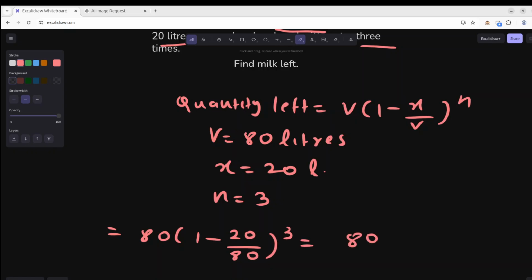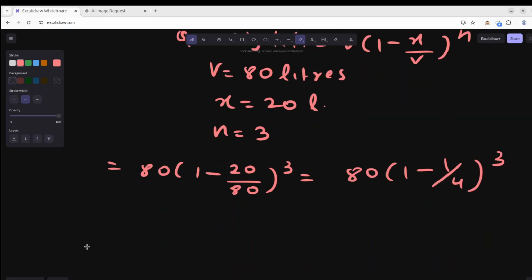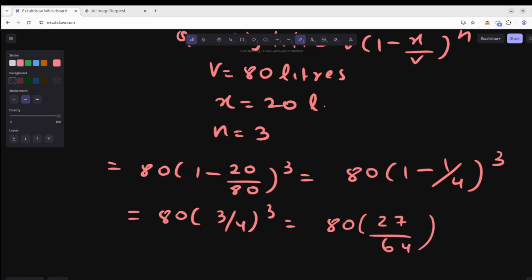Equal to 80 into 1 minus, cutting by 20 we get 1 minus 1 by 4 raised to 3. This is equal to 80 into 3 by 4 raised to 3 equal to 80 into 27 by 64. Now cutting with the 4, 16, 20, again with the 4, 5, 4.